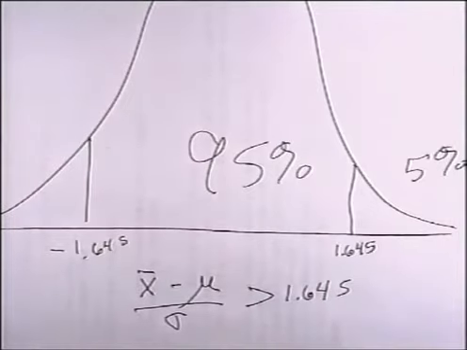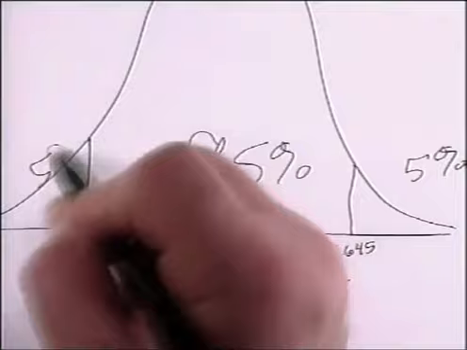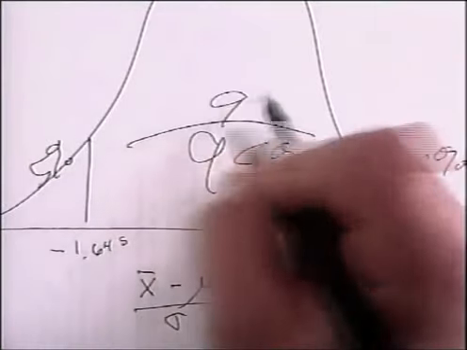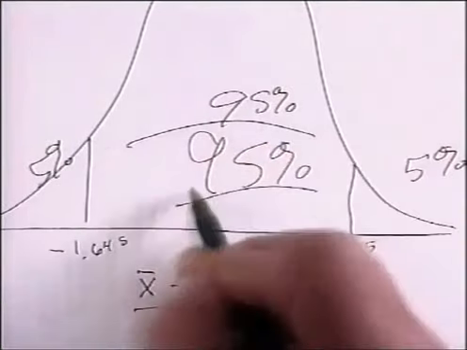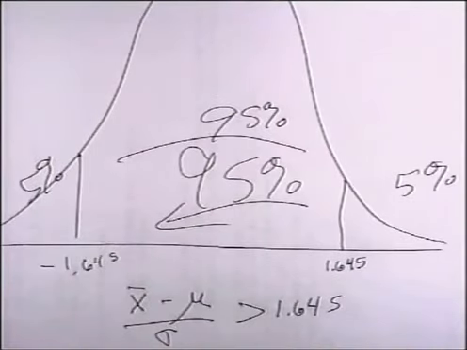The key about a one-sided test is I got my 5% down here, I'd have 95% this way. So with a one-sided test, you group your whole error factor, the 5% or the 2.5%, on one side.